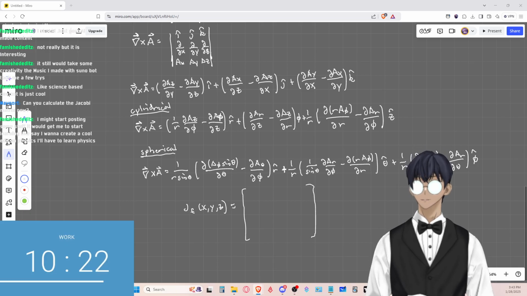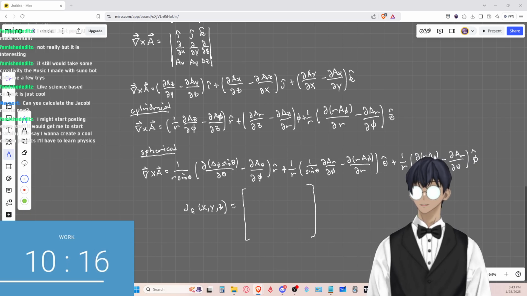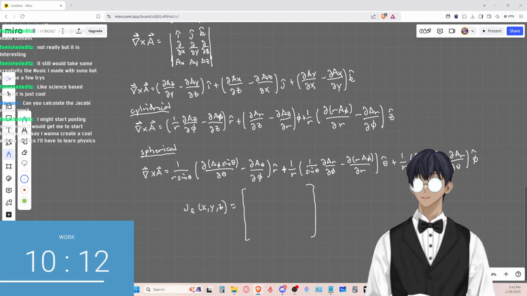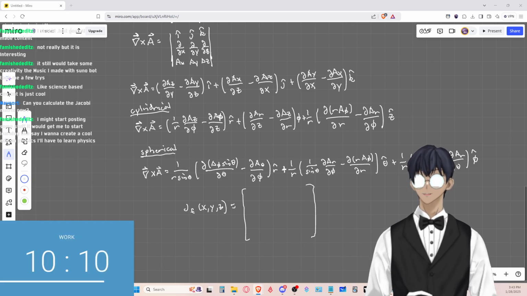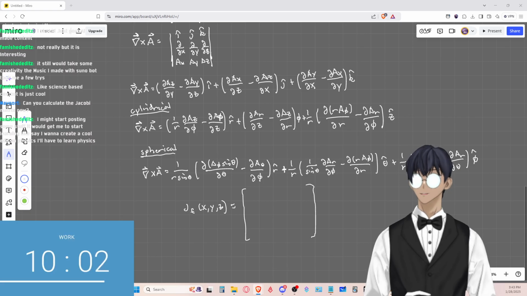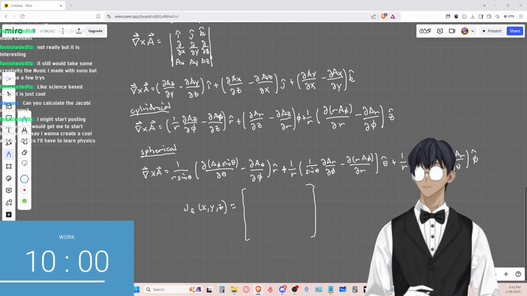When do you learn Jacobians, in differential equations, right? Because I remember seeing it at one point. Are there any examples I can use?